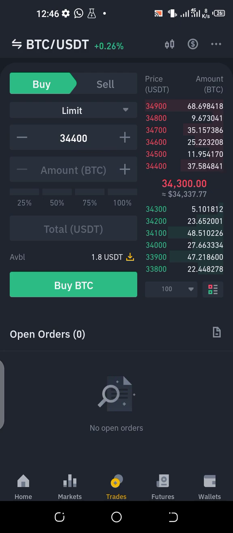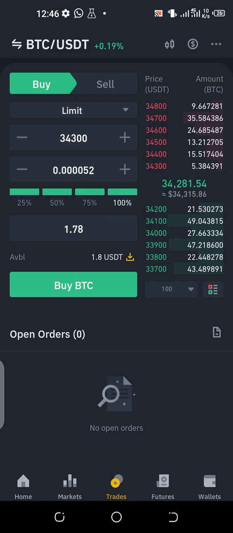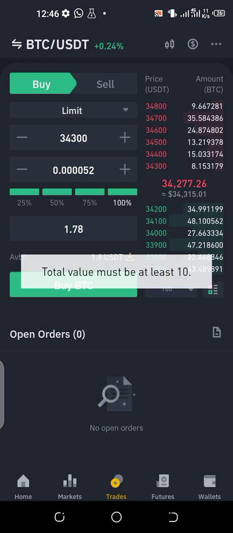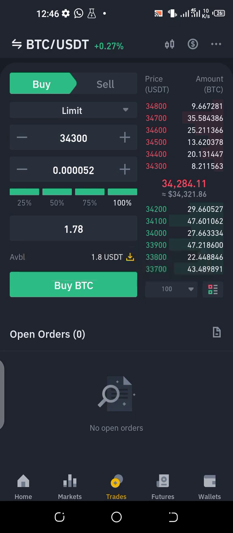That means the person that wants to sell it the cheapest wants to sell it at 34,300. So I click on that and click on 100% and buy at that price. But it will tell me that total value must be at least 10 because the minimum amount of USDT I can trade at once is 10 USDT. Alright, so that's how to use a limit order to buy or to sell at the market price.